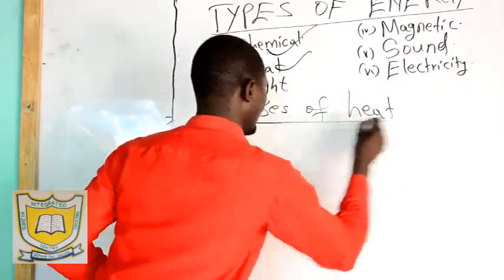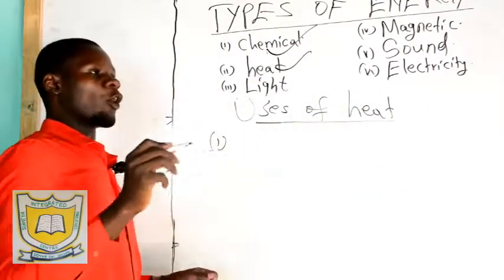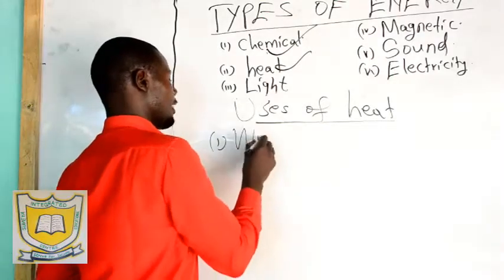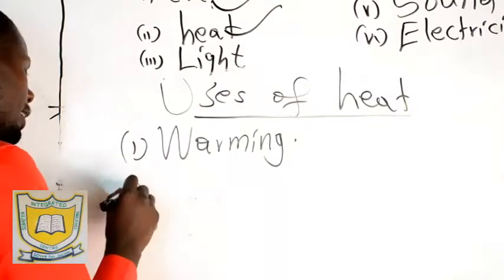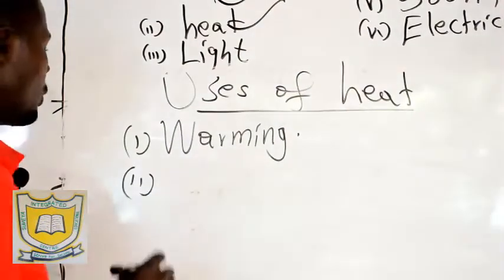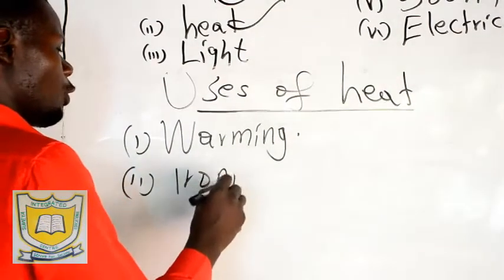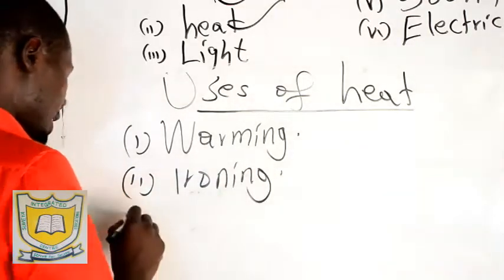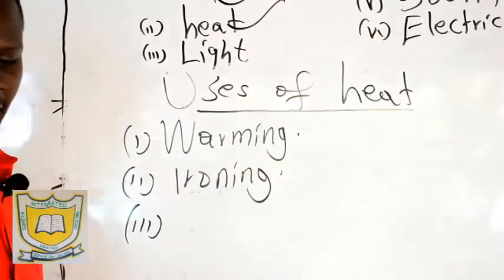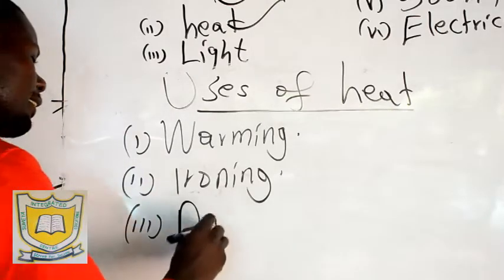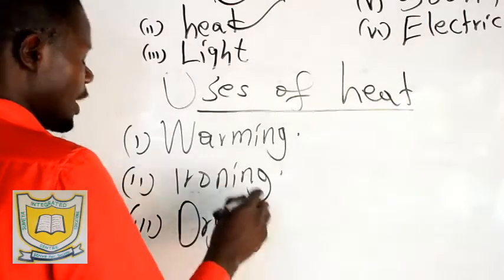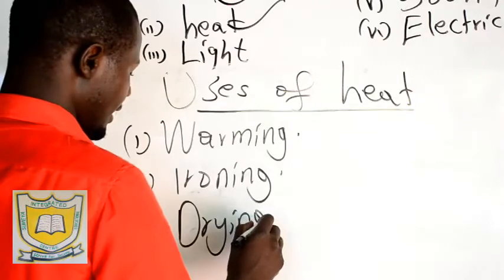Uses of heat energy. Number one, they are common for warming ourselves. Number two is used for ironing clothes. Number three, it is used for drying cereals or grains.